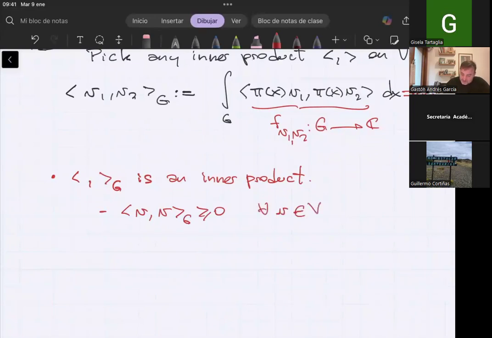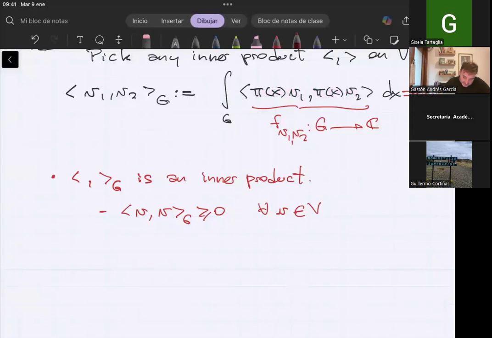Yes, and this is true because we have here the inner product, and for the inner product this is true that an element is bigger or equal than 0, and if we take the integral, it's true that it's bigger or equal than 0. Yes, as someone asked me in the first lecture, we can think about the Lebesgue integral in this case. So this is true for Lebesgue integrals.